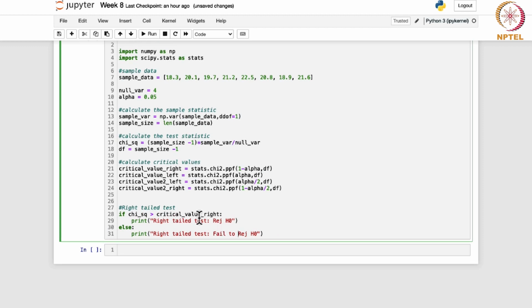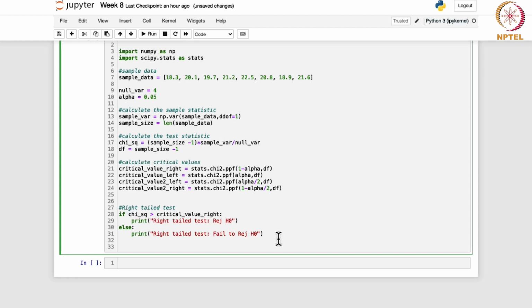So if you remember from your theory, what we do is, we have chi-square value, this is your upper tail value, so chi-square u, we use this notation, chi-square suffix u was there. If that happens, then you are going to reject the null hypothesis, otherwise you fail to reject the null hypothesis. Likewise, you can write for the other two tests as well.